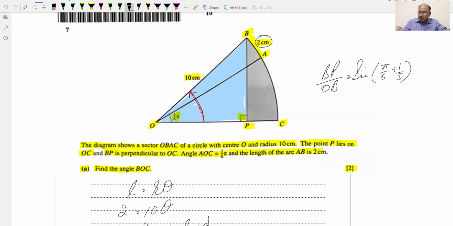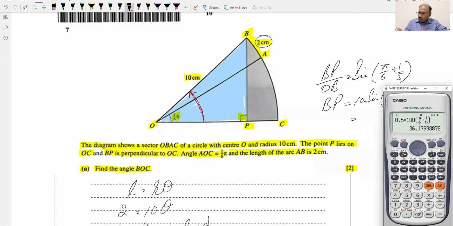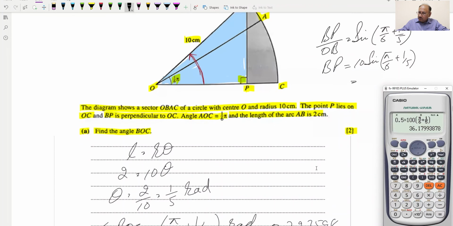This is the angle we found. So this will be our height. BP will be equal to OB, which is 10, so 10 sine of pi by 6 plus 1 by 5.